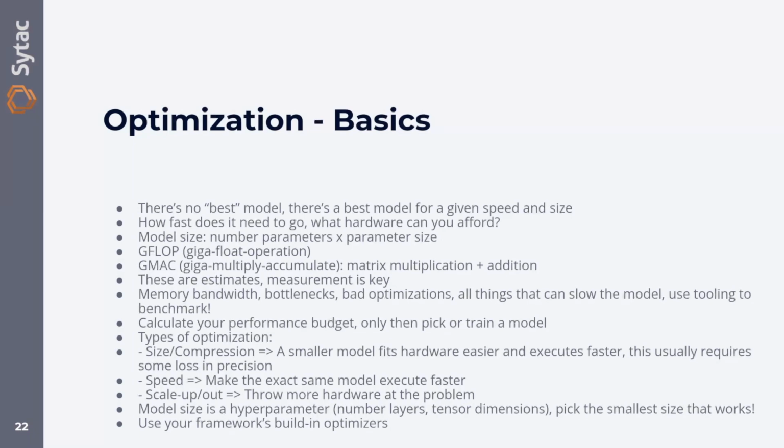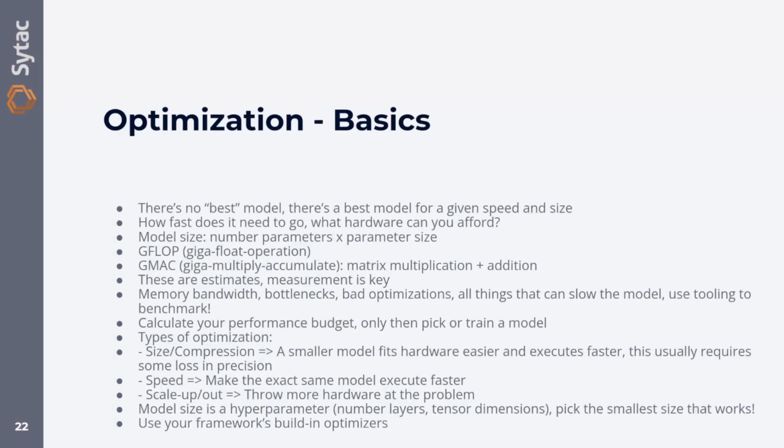There's no best model. If you're talking about the best large language model, there's a best model for a given speed and size. If you want to deploy something on specific hardware platforms, you need to first determine how fast it needs to go and what kind of hardware you can afford.